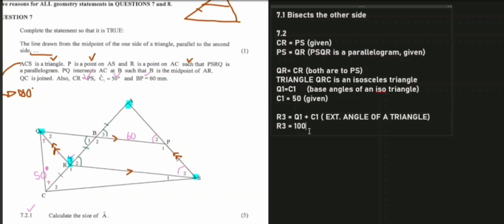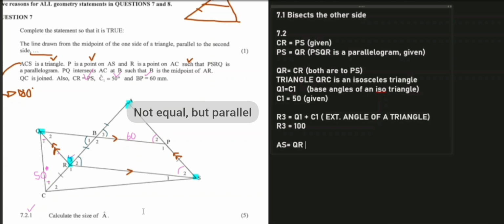Initially, I said that we can also say that angle A is equal to R3 because of alternate angles. So you're going to say side AS is equal to QR. And then you're going to say, because PS, I'm sure this is still on a straight line, PS is parallel to QR.